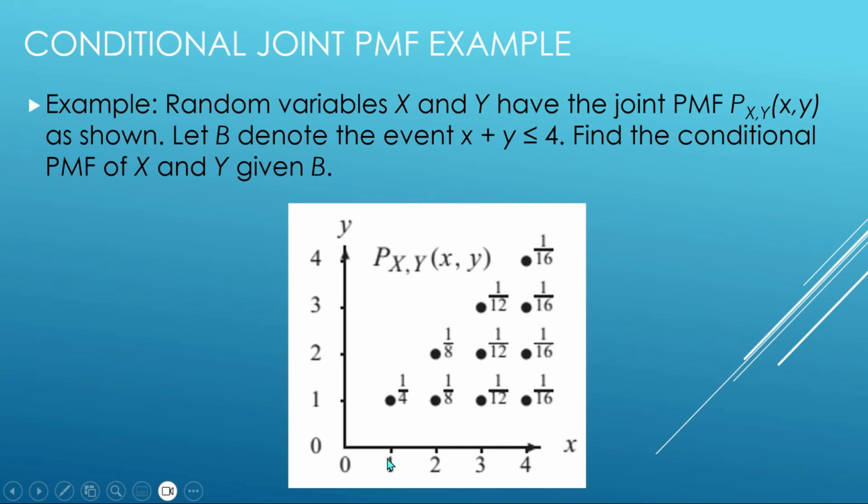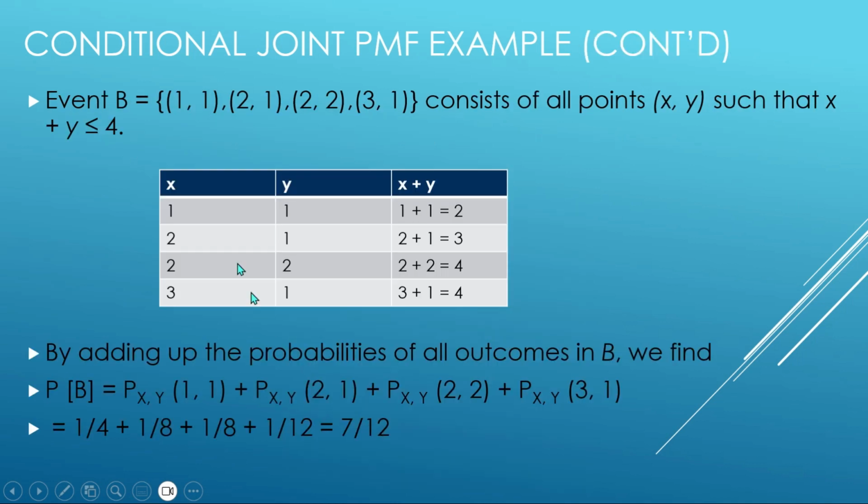So we will take only 1 comma 1, 2 comma 1, 2 comma 2, and 3 comma 1. All these four combinations of x and y satisfy this condition, x plus y must be less than or equal to 4. So we have got 1 comma 1, 2 comma 1, 2 comma 2, and 3 comma 1 over here.